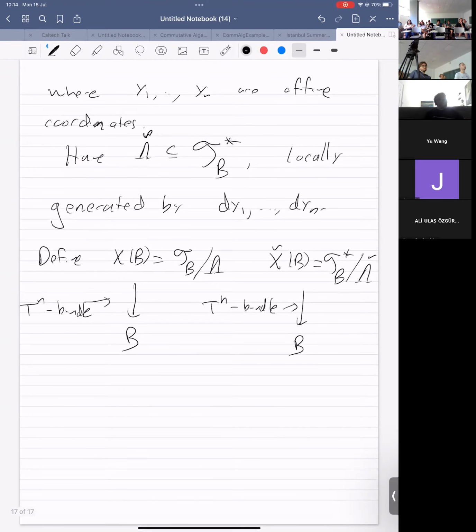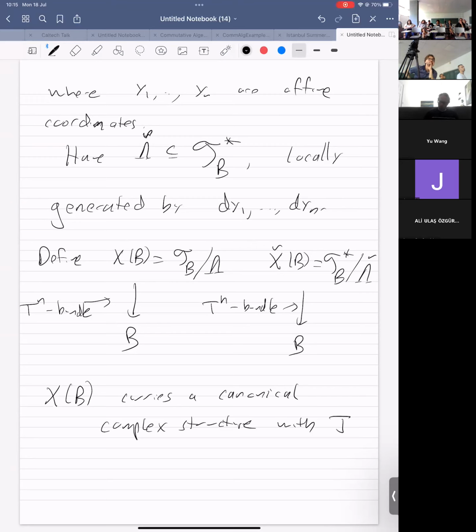Now, these things come along with a little bit more structure. So X(B) carries a canonical complex structure. I don't want to write down the full equation, but with J, the almost complex structure operator, interchanging horizontal and vertical tangent spaces.